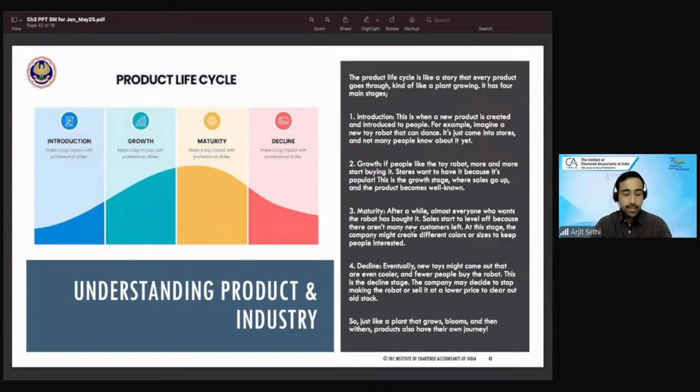And finally, the product dies. Eventually, new toys come up, new fun entertainment things come up. So fewer people keep on buying that particular toy. Eventually, it goes out of business. Just like a plant grows, blooms, and then withers, products also have their own journey.